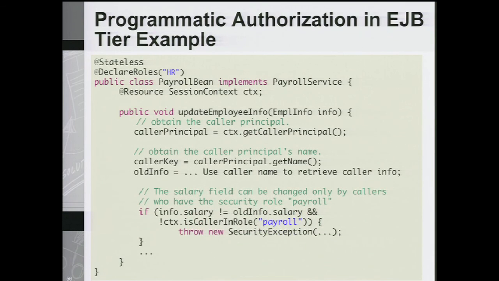Then we compare the current salary to the new salary that we're trying to set. And in order for us to set the salary, the user that's currently logged in has to have the role payroll. If not, we're throwing a security exception. If yes, we will proceed with the business functionality.